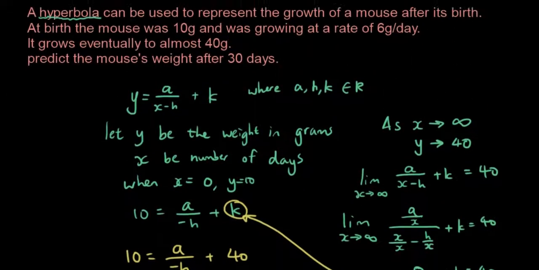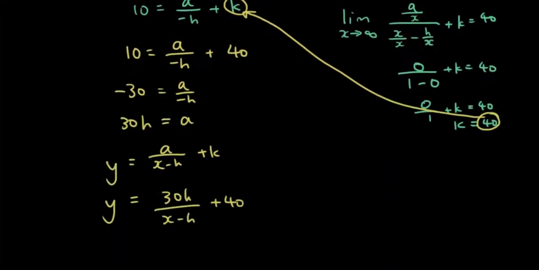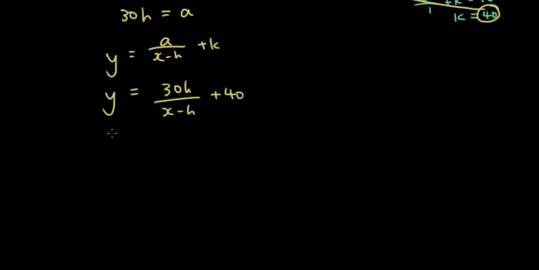And you can see here it's given us the information that the growth rate is 6 grams per day at birth. So if I differentiate this equation, I get the growth rate with respect to time.